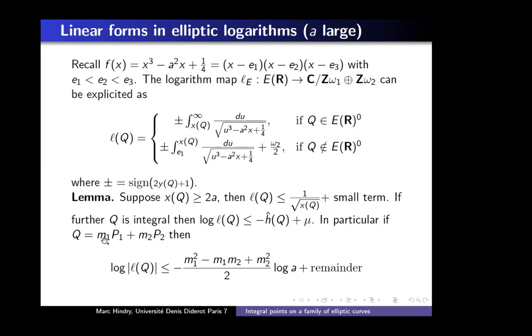If the point q is m1 p1 plus m2 p2, and is integral, that's the case we're interested in, then I just write the formula for the Néron-Tate height. And what we get is this quadratic form in M1 and M2 times log A with a minus sign. Of course, you have to write all the remainder terms, but the remainder is small, so in the first approach you can forget it.